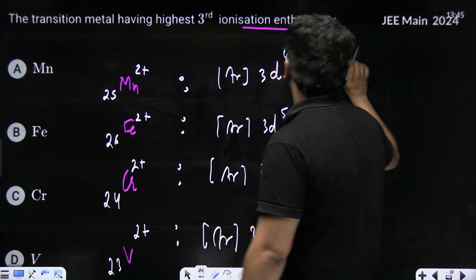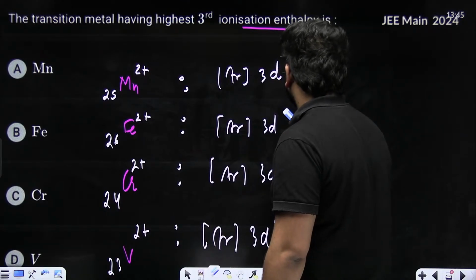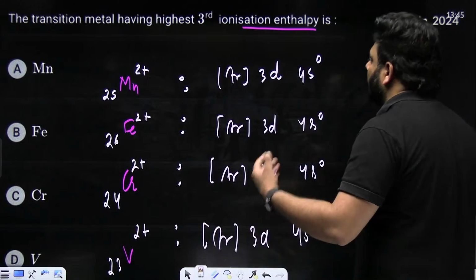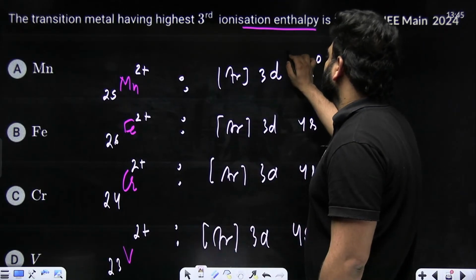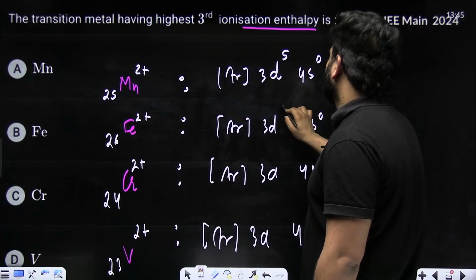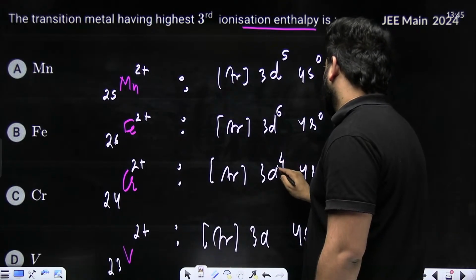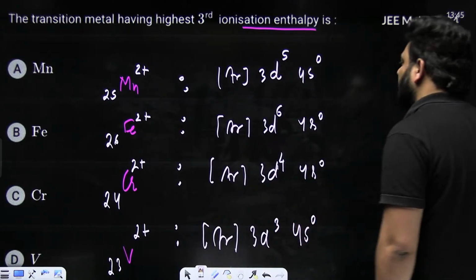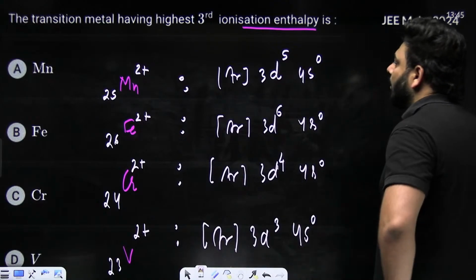I just increase one electron each in d. This will become 3d5, 4s0, 3d5, 3d6, 3d4, and this has become 3d3. Now I think manganese has the most stable configuration, right?